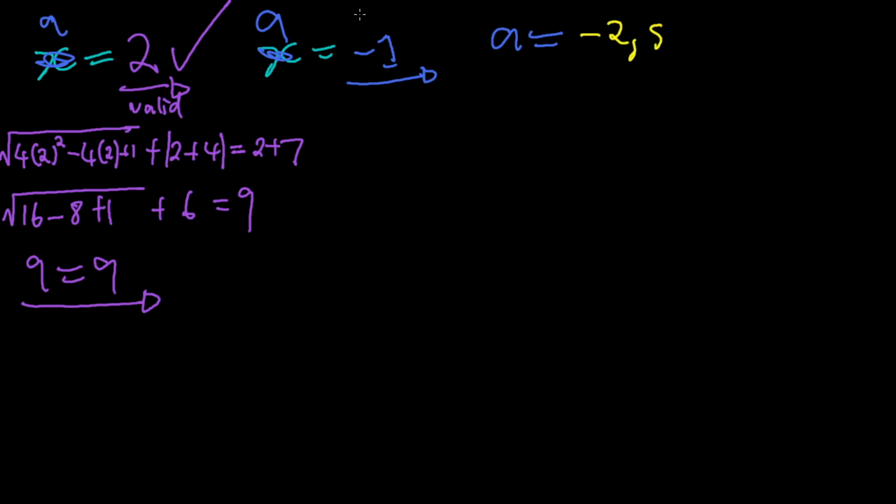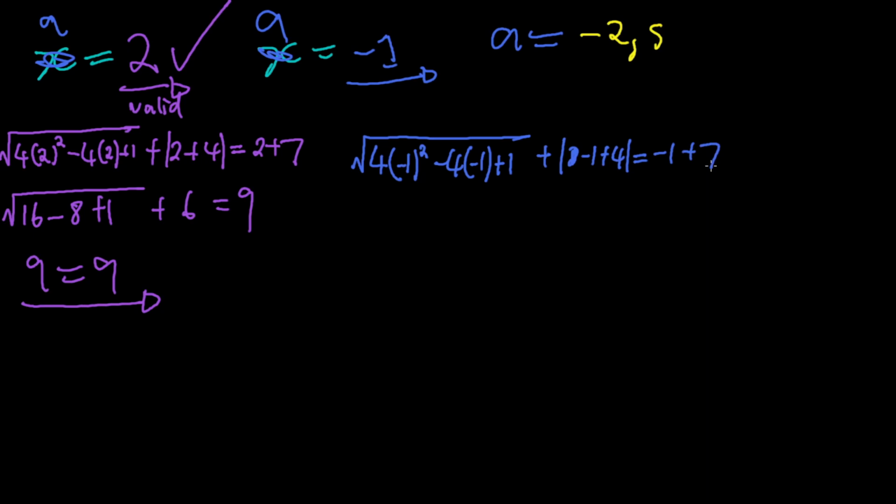Now we move on to the second one. I color-coded this blue. So let's sub this into the equation. 4 times negative 1 squared minus 4 times negative 1 plus 1 plus the absolute value of negative 1 plus 4 is equal to negative 1 plus 7.